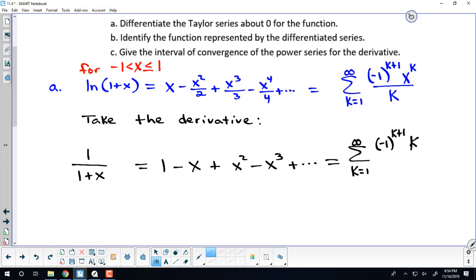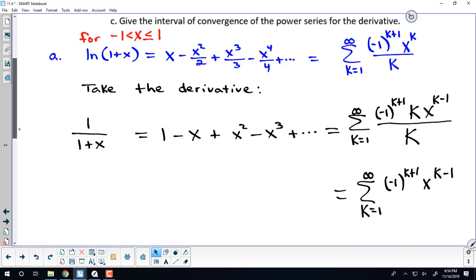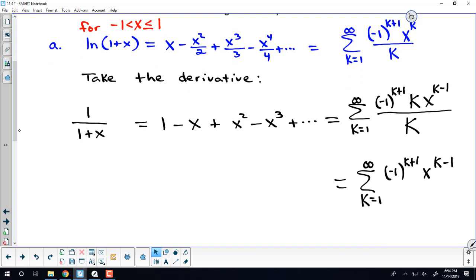Then we'll have k times x to the k minus 1, all over k. We see that those k's cancel out, so you just have this series representation. It's kind of weird.